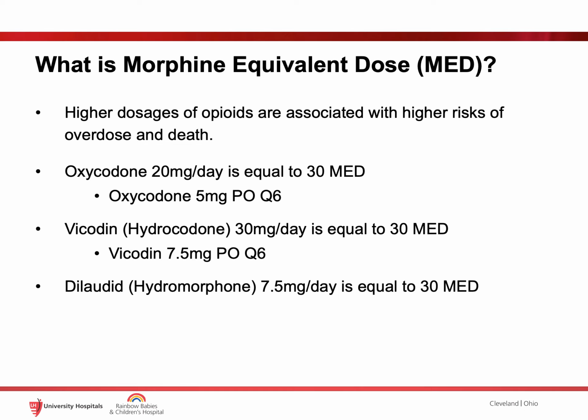If you write for oxycodone that's greater than 5 milligrams PO Q6, like I will write for 5 to 10 milligrams PO every 4 to 6 hours, I'm potentially writing for more than 30 morphine equivalent doses. You then just need to make sure that you write something in your notes stating that you are writing for more than 30 morphine equivalent doses because the patient is post-surgical or whatever that reason may be.